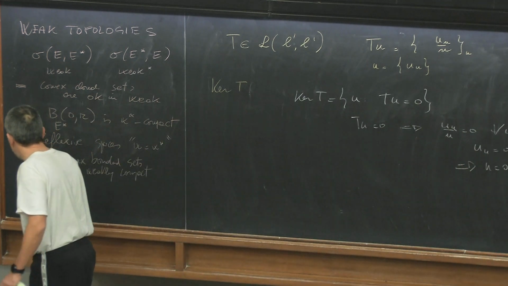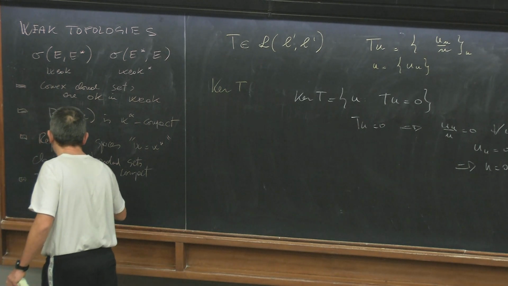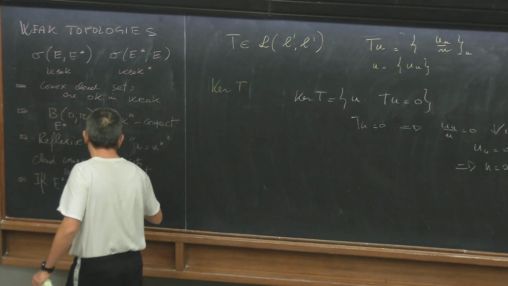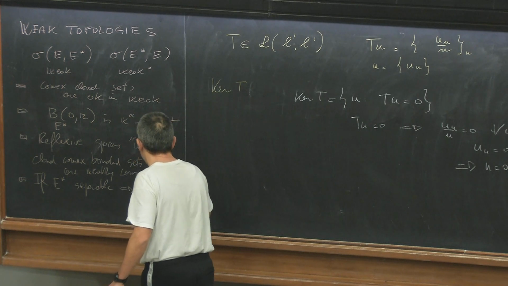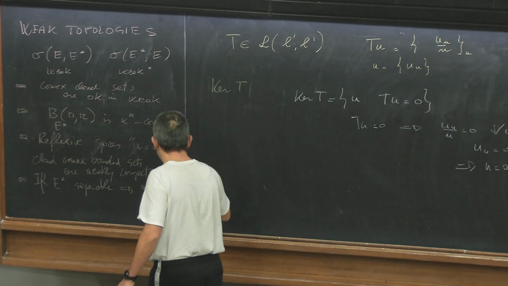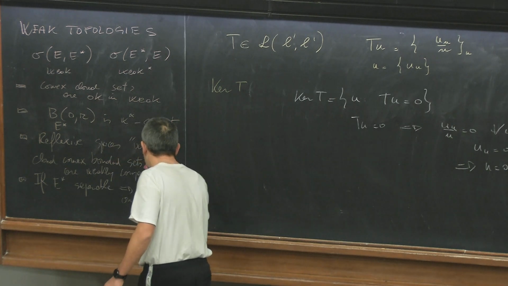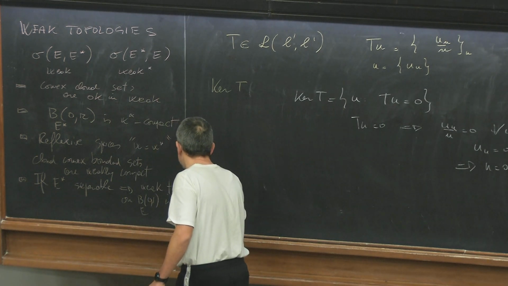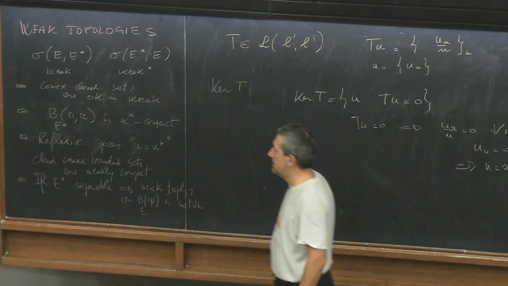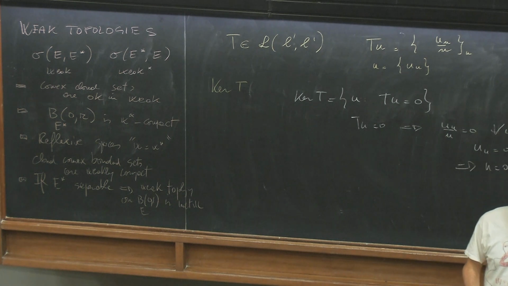But you know that if E star is separable, then the weak topology restricted on, let's say, the unit ball or any bounded set is metric. And so now we are okay, because we can talk about sequences.